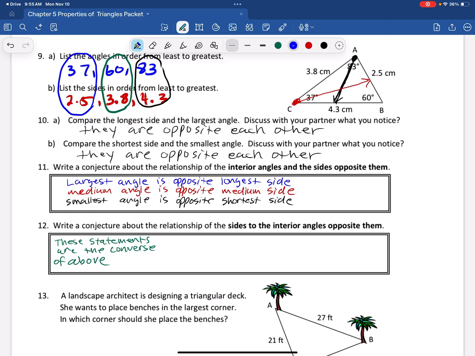So we're going to start with: largest or longest side is opposite largest angle.